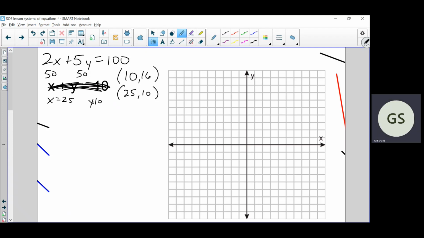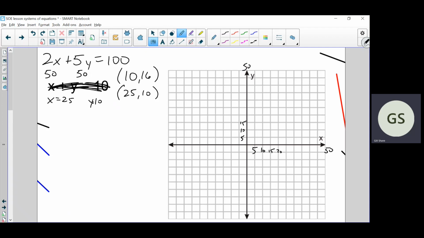And then that's done. Now there's a little bit of a problem because these are such high numbers. That's going to be tough to put on this graph because I have to make this graph count by 5s, because this equation has such a big number at the end of it. So it would go all the way up to 50 at the top.